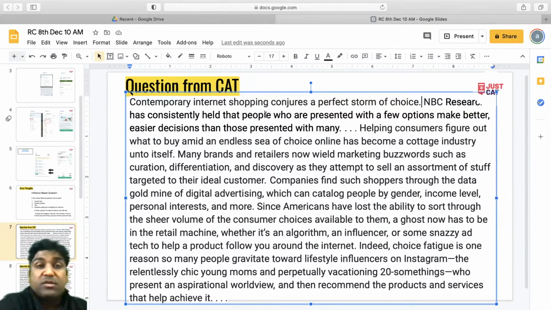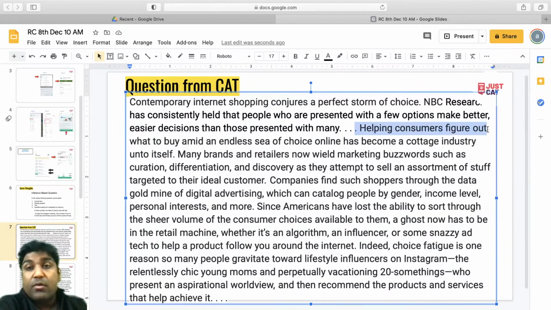NBC research has also consistently held that people who are presented with a few options make better and easier decisions than those presented with many. So they are saying that people who are presented with few options make better and easier decisions than those presented with many.